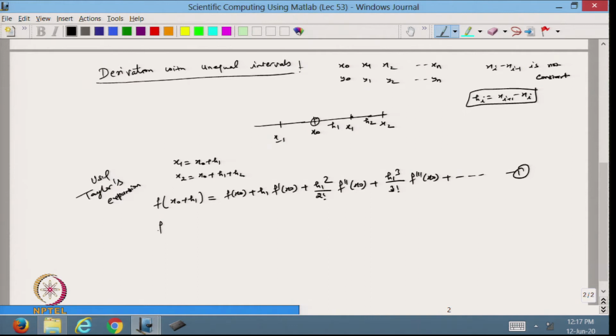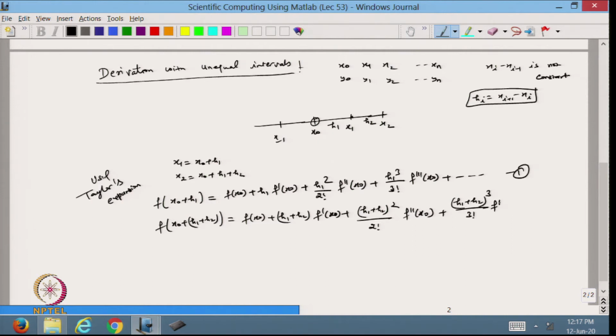Now the same way I can define f at x0 plus h1 plus h2. So this one is again f x0 plus h1 plus h2 f dash x0 plus h1 plus h2 square by 2 factorial f double dash x0, h1 plus h2 cube by 3 factorial f triple dash x0 and so on.